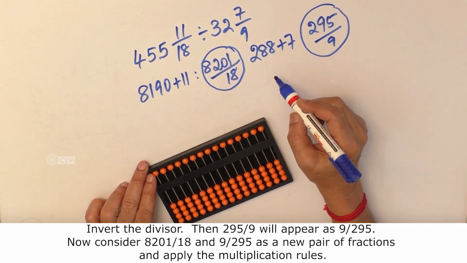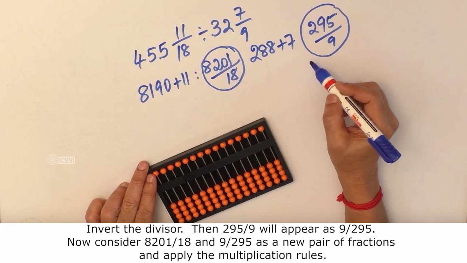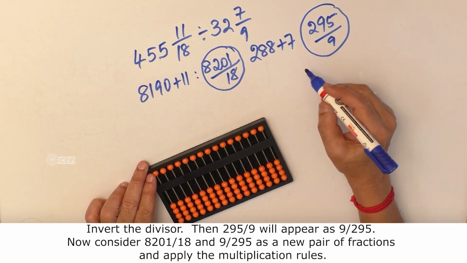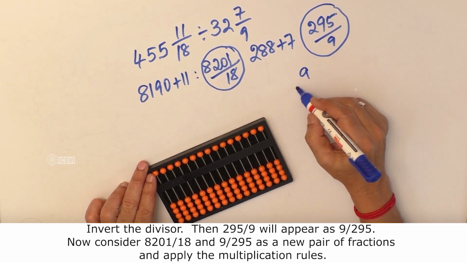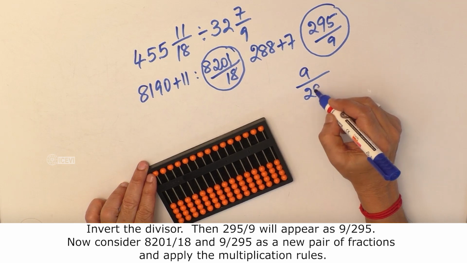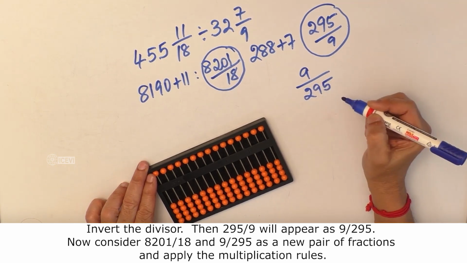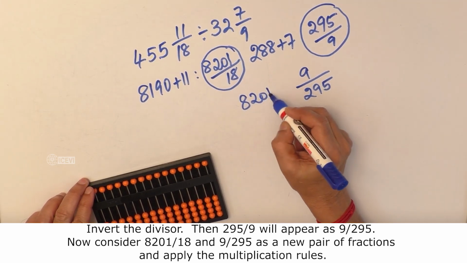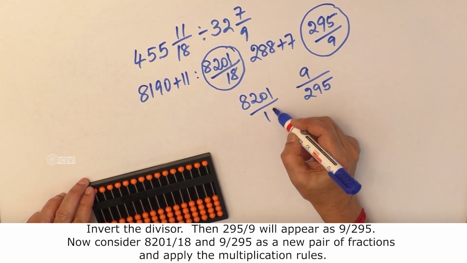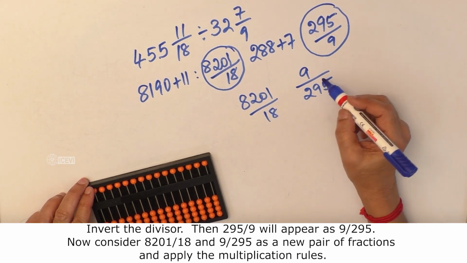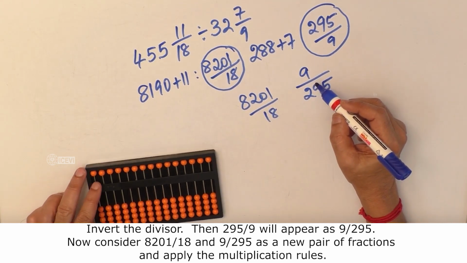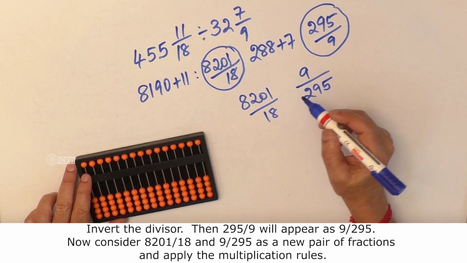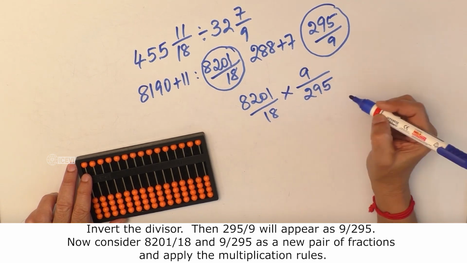Now let us invert the divisor, then 295 by 9 will appear as 9 divided by 295. Now consider 8201 divided by 18 and 9 divided by 295 as a new pair of fractions, and apply the multiplication rules.